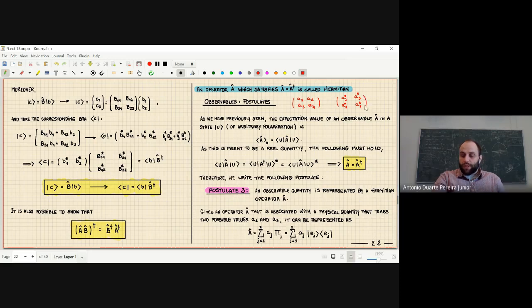And what I'm saying is that if this matrix is Hermitian, then this equality must hold, okay? And when you say that a matrix is equal to another matrix, you're saying that each element of each matrix is equal.